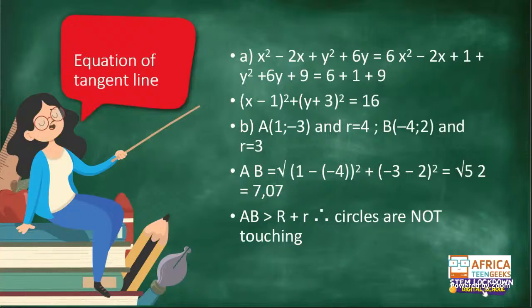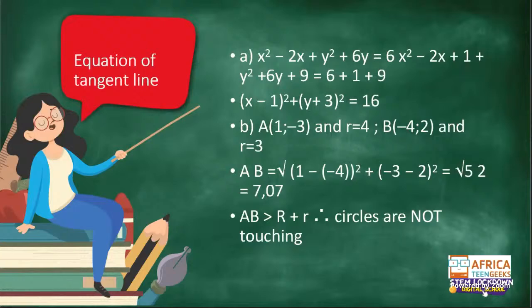Now, when you see x minus 1 and you compare it to x minus a, and you know that the center is a point with coordinates AB, you're going to see that in fact a there is 1. All right. Now, when we go to y minus b all squared and you compare it with y plus 3 all squared, you're going to see that b is in fact negative 3.